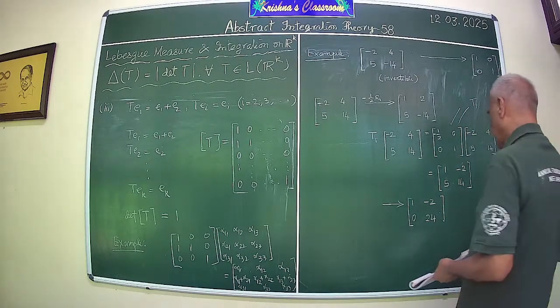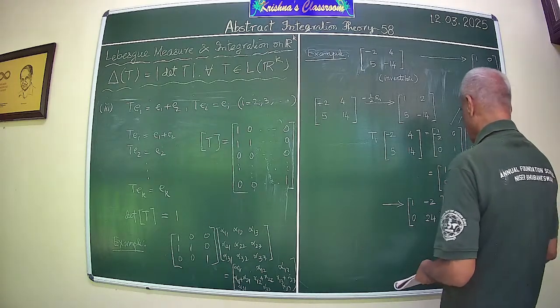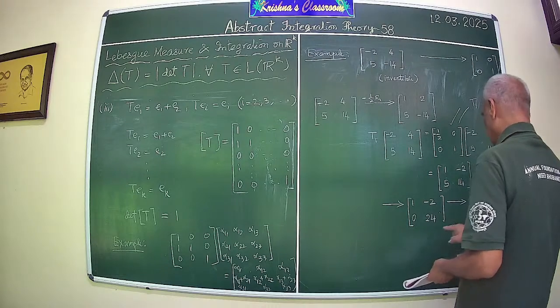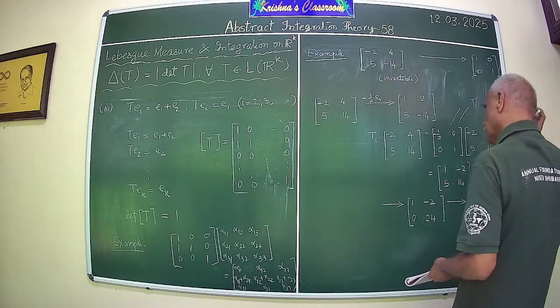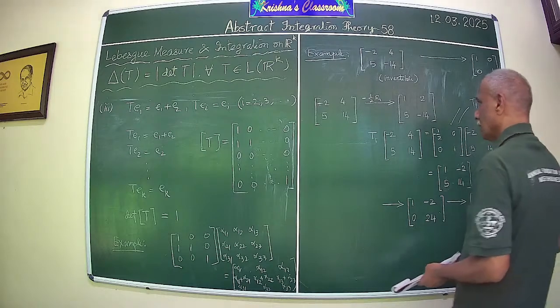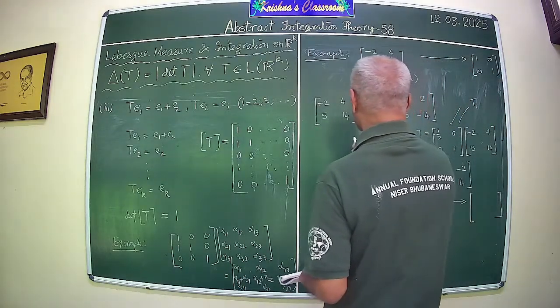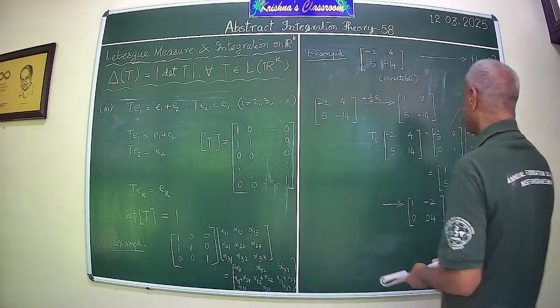The third operation would be to multiply the second row by 1 by 24. So, to get the numbers smaller, I'll put minus here. So you get this one. Okay.